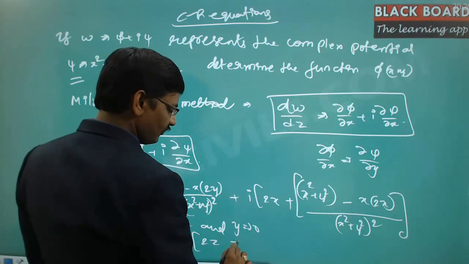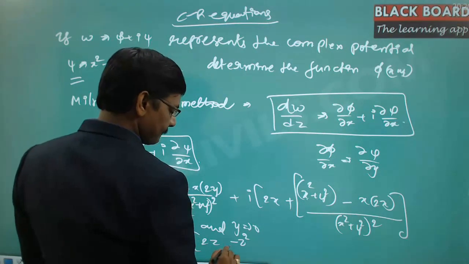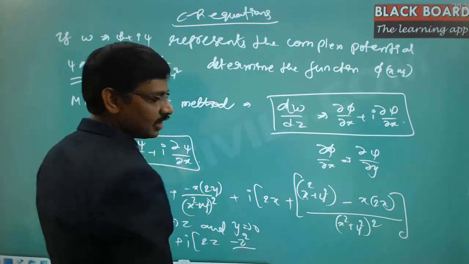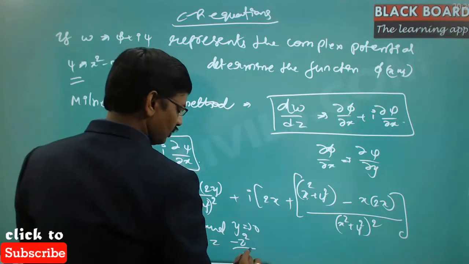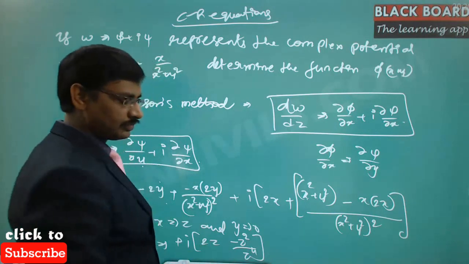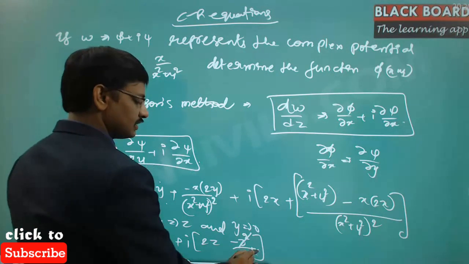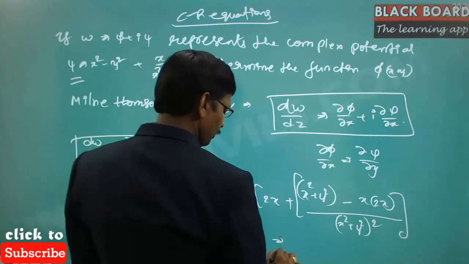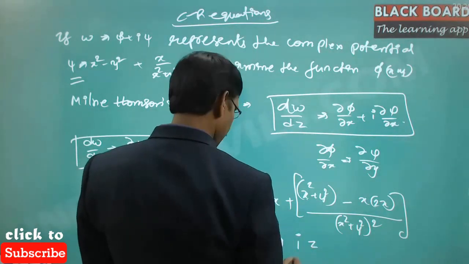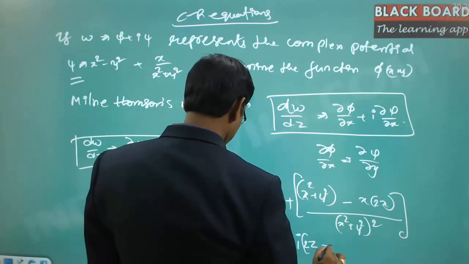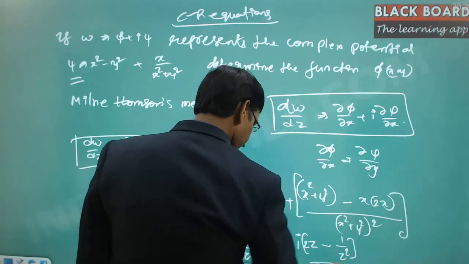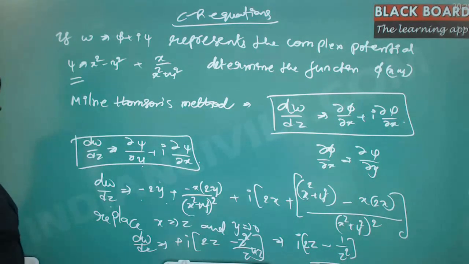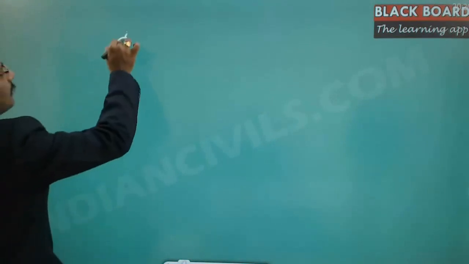So this is going to be minus z square divided by, again in the denominator y is equal to 0 and x is equal to z, so this is z power 4. So this z square and z square, and hence this is going to be i into 2z plus minus 1 by z square. Got it? So this is the value of dw by dz.